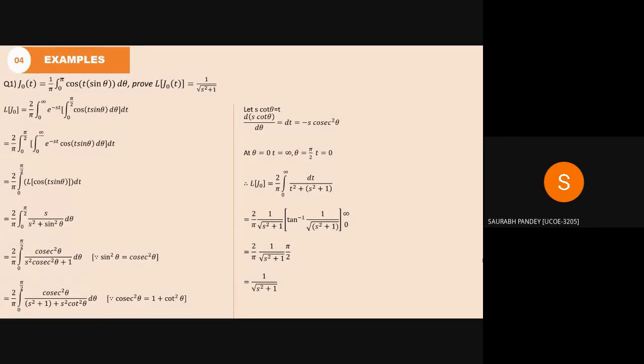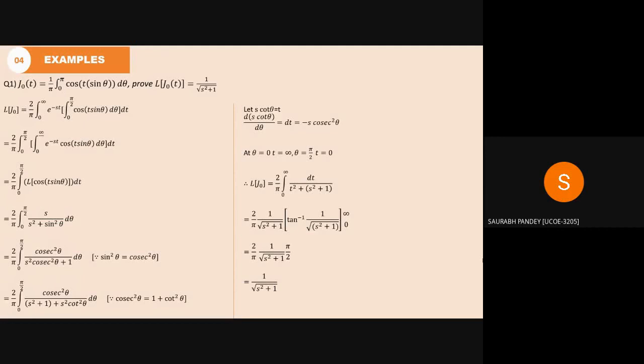For further simplification, we get 2 by pi integration of 0 to pi by 2, and we shift e raised to minus st inside, integration of 0 to infinity of e raised to minus st cos(t sine theta) d theta dt. So we take the Laplace of cos(t sine theta) with respect to t.